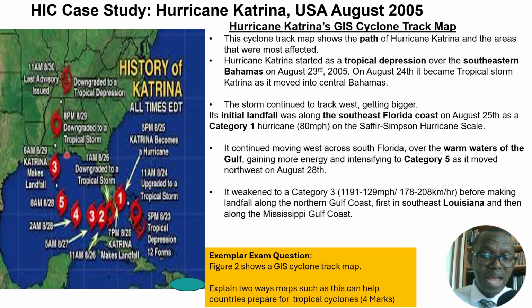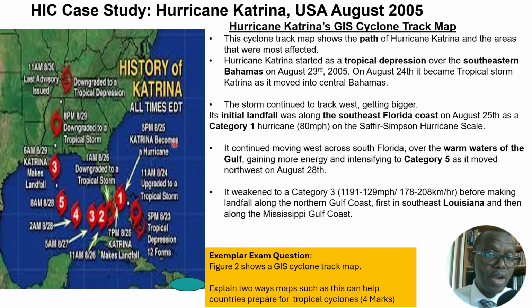So it made landfall first in southeast Louisiana and then along the Mississippi Gulf coast. So you can imagine that at those wind speeds, making landfall around Louisiana, it had the potential to cause a lot of damage.